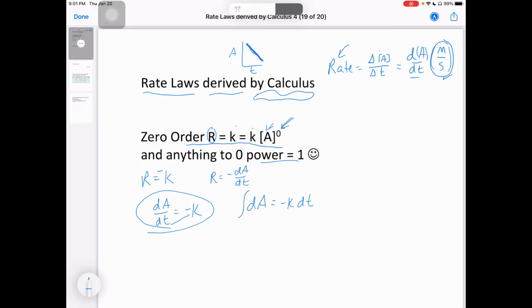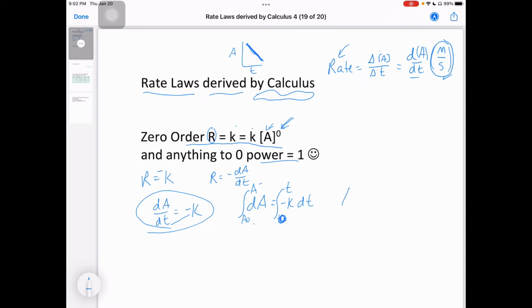If you integrate both of these functions on the left-hand side and the right-hand side from initial A to final A, I'll call it A0 and A. I know it's the same variable. And then from T0, which is 0, I'll just put a 0 here, to T2, which I'll call T, and you integrate dA, you just get the variable A and then evaluate it from here to here.